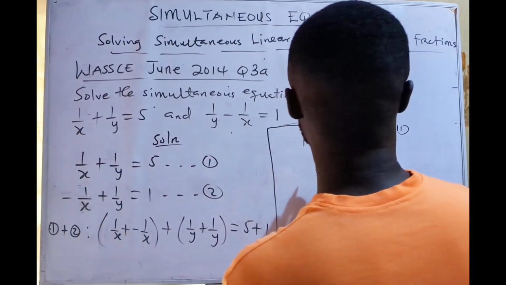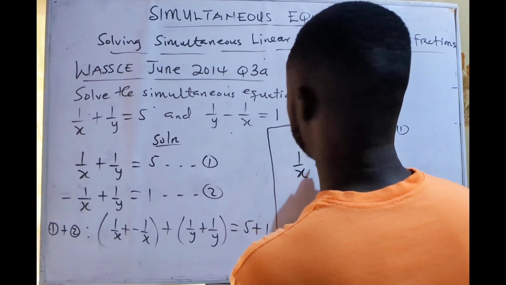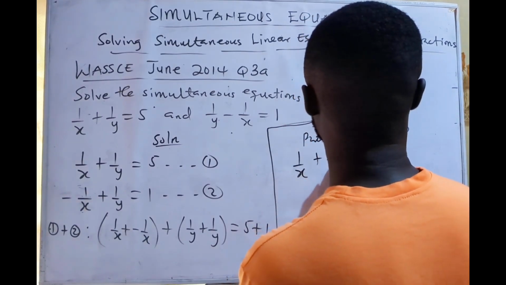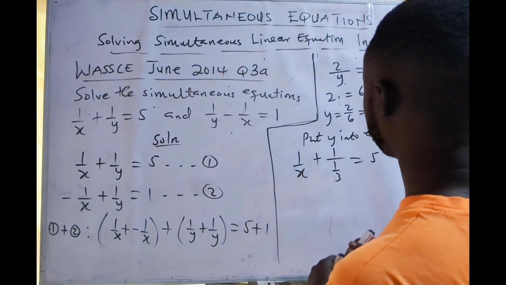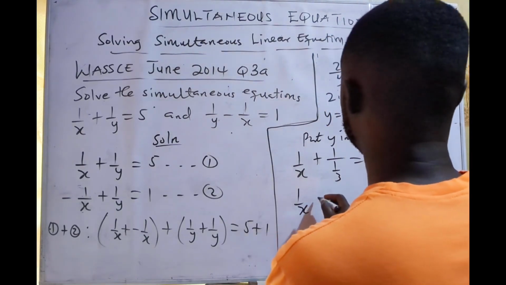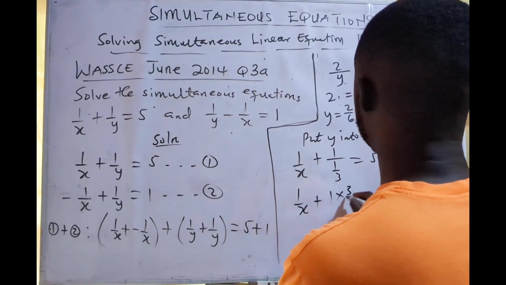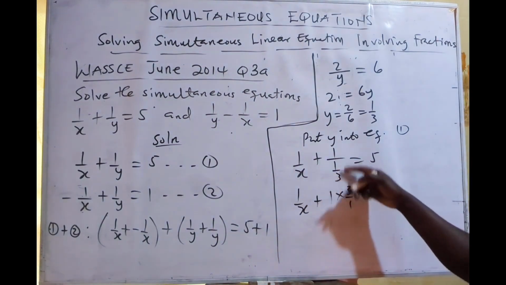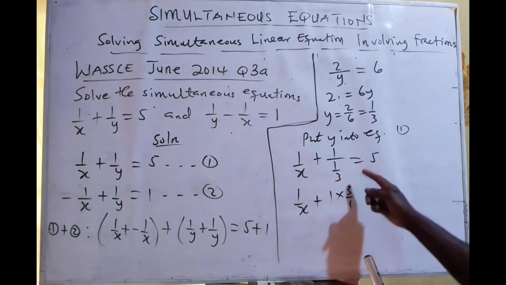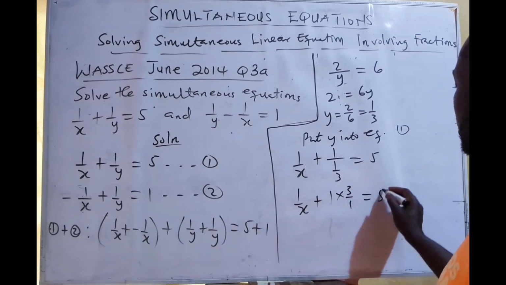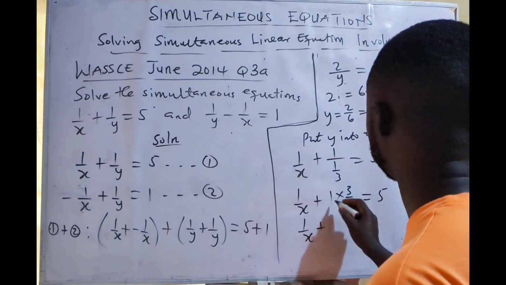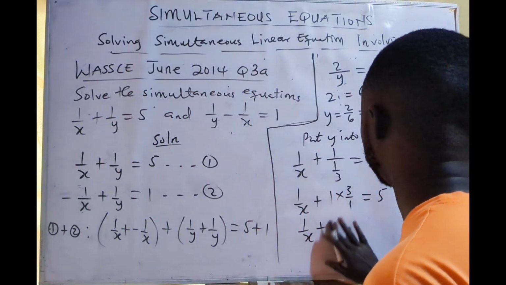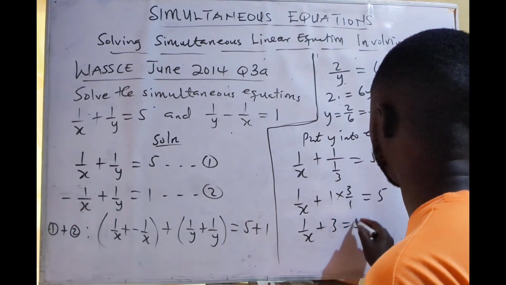So in equation 1 I have 1 over x plus 1 over 3, which is the y, equal to 5. So 1 over x plus 1 times 3 over 1. Since this is a fractional denominator, we multiply and reciprocate, equal to 5. So 1 over x plus 3 equal to 5.